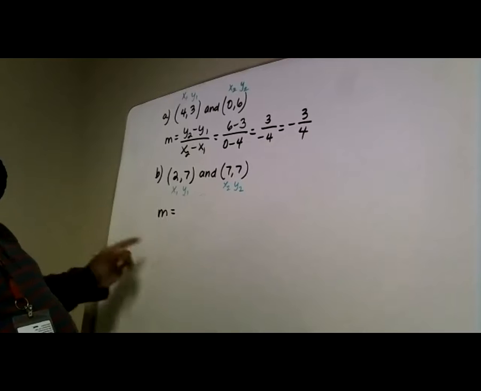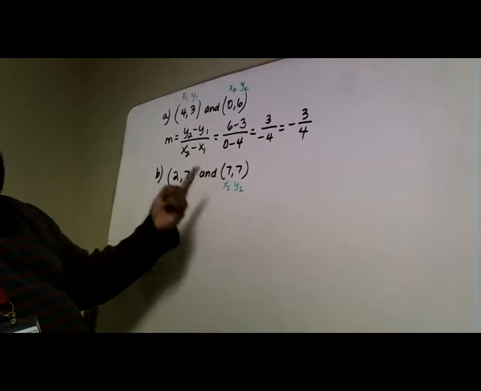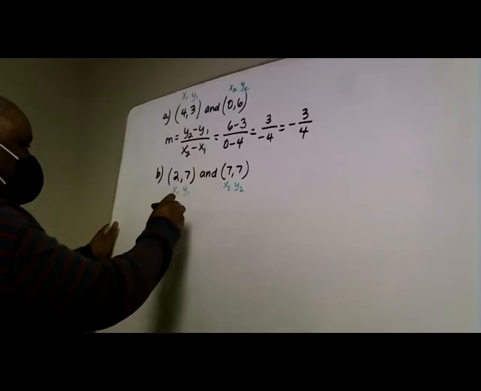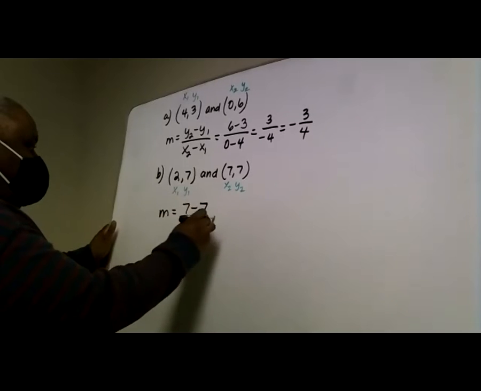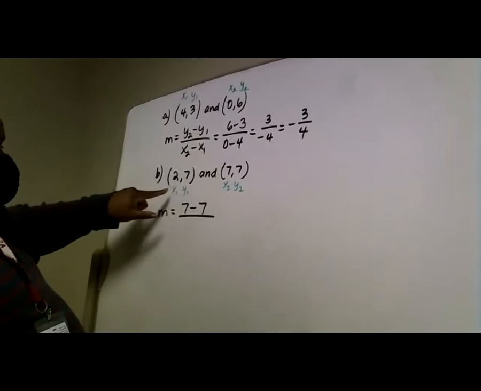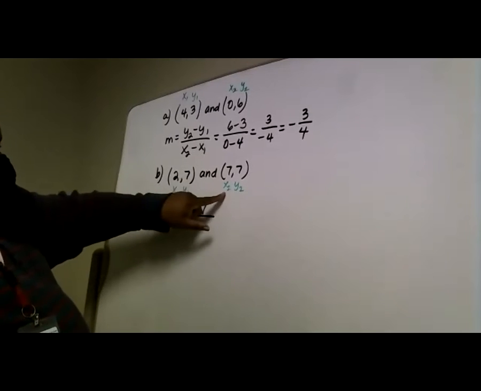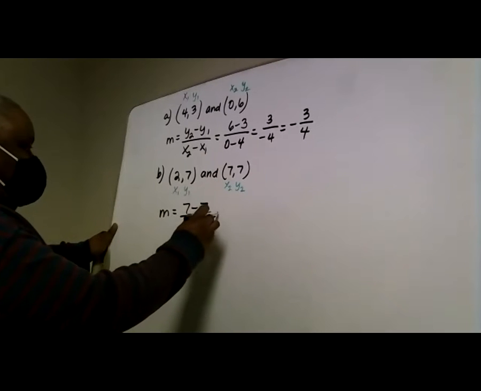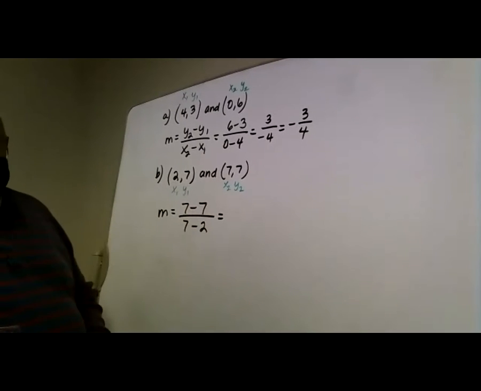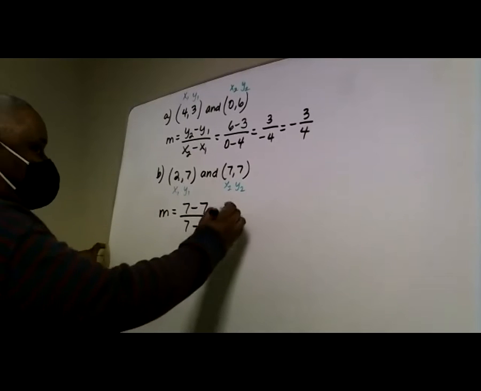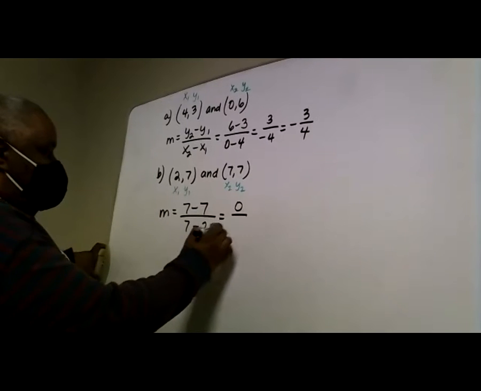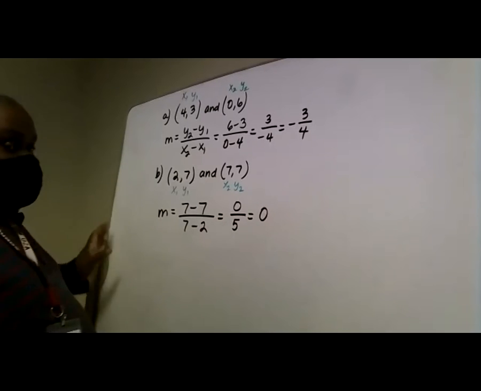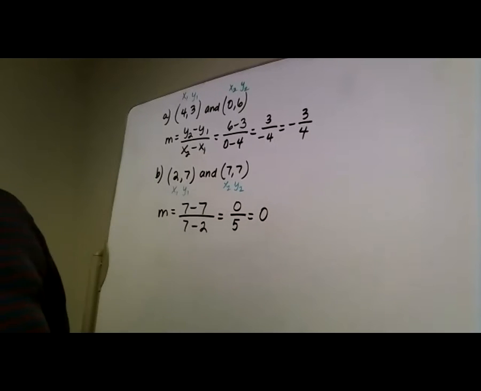So the slope there would be y2 minus y1, 7 minus 7, divided by x2 minus x1. Here x2 is 7, minus x1 is 2. So 7 minus 7 in the numerator, that's 0, over 7 minus 2, that would be 5. And 0 divided by 5, that's 0.